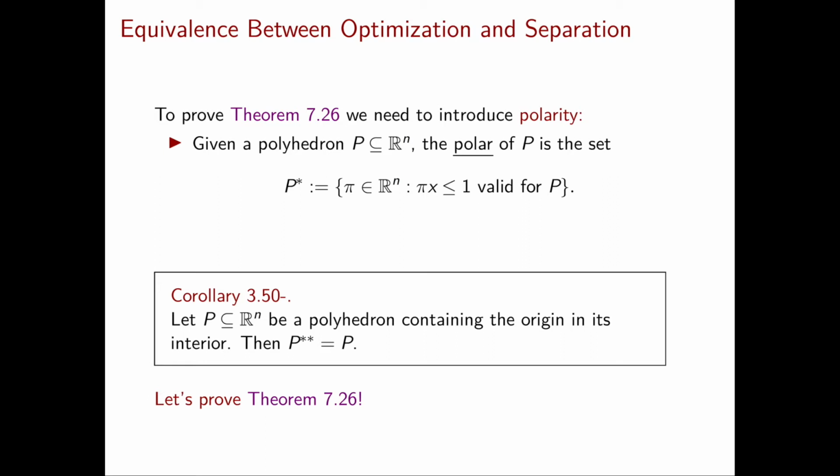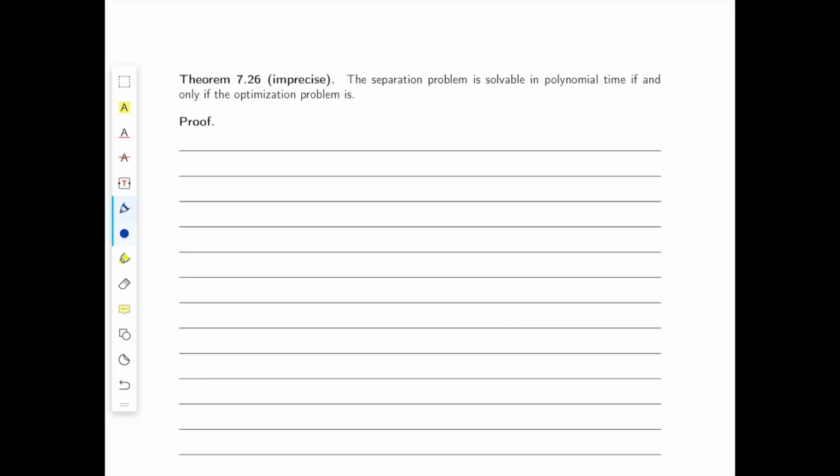And in fact, in our example, the origin was contained in the interior of our polytope. At this point, we're ready to prove the equivalence between optimization and separation. I will give just a sketch of the proof, which is quite appropriate since even the statement of this theorem is quite imprecise. Essentially I will give all the steps that are needed to prove this theorem, but without really looking at all the details.